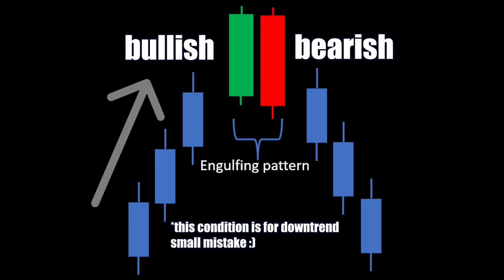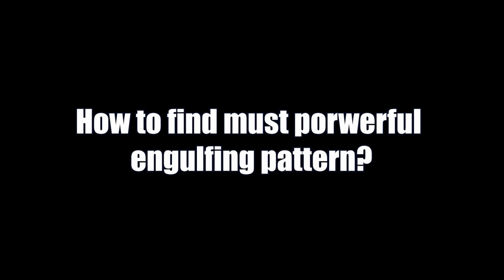Third, the real body of the right candle must completely engulf the real body of the left candle. Up to this point, we have a standard engulfing pattern. All these details are exactly reversed for an upward engulfing pattern.